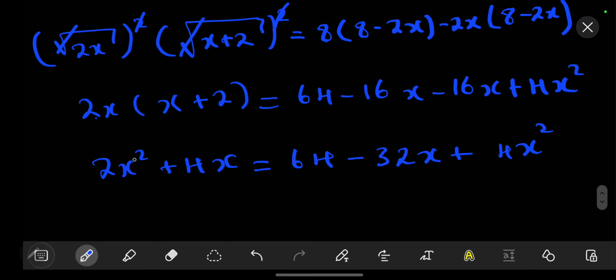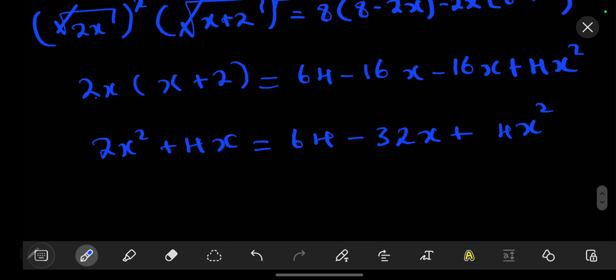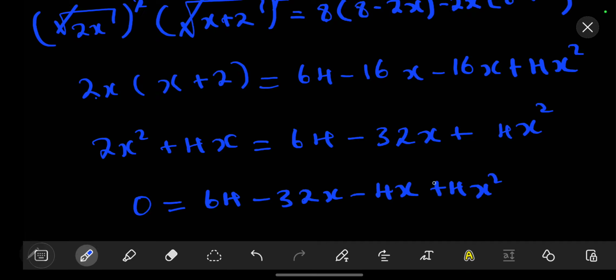So already after doing that, we can now simplify where possible. So let's take every term this side. So we are going to remain with 0 should be equal to 64, like that. Then we have minus 32x. So this negative 4x comes here. So we have minus 4x. Then we have plus our 4x squared.